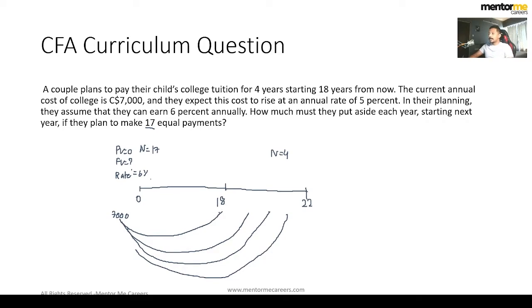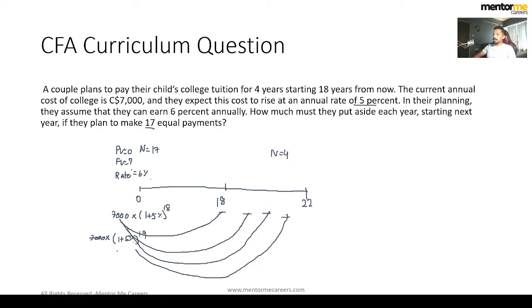So if you quickly calculate this, I already have the values. All you need to do is simply multiply 7,000 into 1 plus the inflation of the cost of education, which is 5%, raised to 18 first. Then the second would be 7,000 into 1 plus 5% raised to 19.